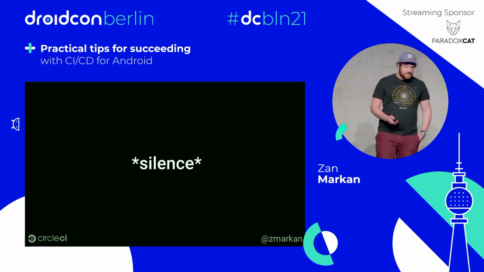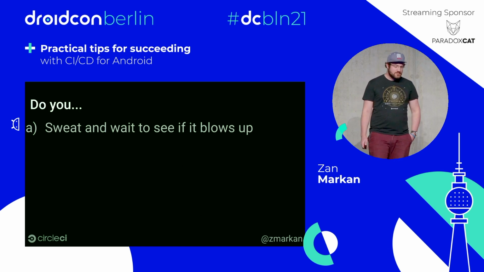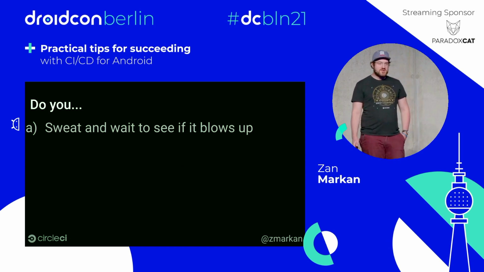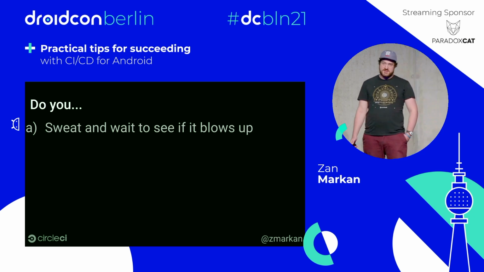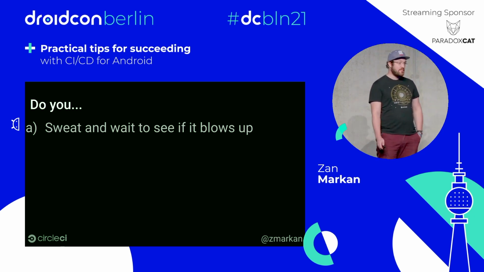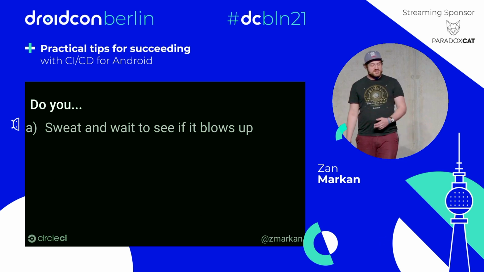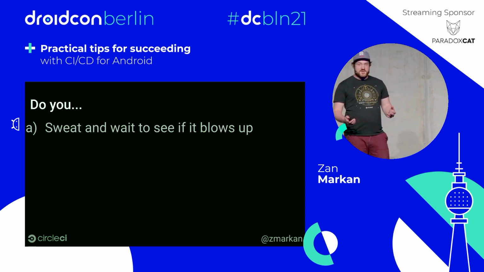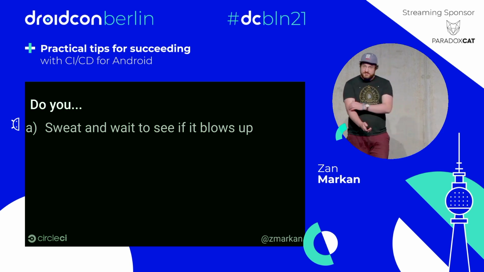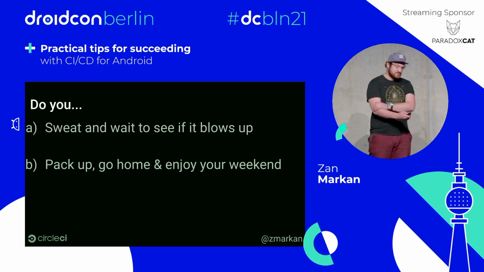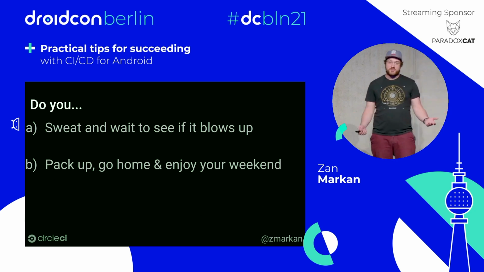to see what happens next. So then you've got two options. You can keep holding your breath until it's uncomfortable, nervously waiting to see if it's going to blow up, if users are going to start experiencing crashes, if you're going to have a really bad time trying to fix the mess that you just deployed, or pack up and go home because it's Friday at 4 p.m. and you've done your work, right?